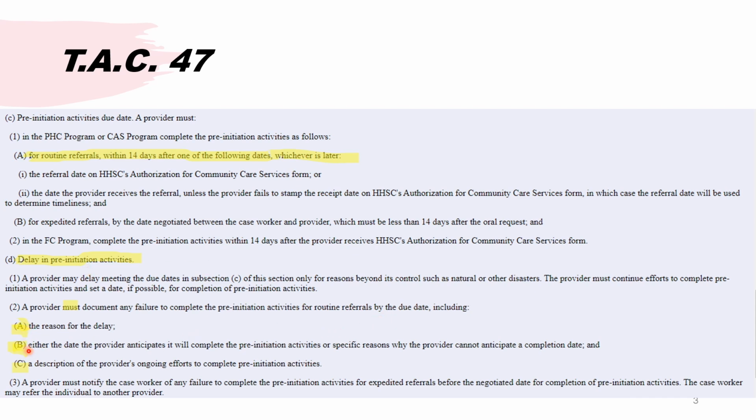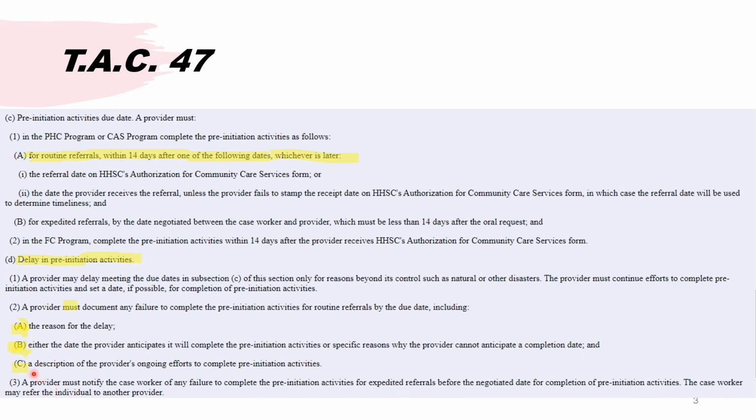And then down here, it tells you what you must include in your documentation to make a valid delay in pre-initiation activities. It tells you the provider must document any failures to complete. The reason for the delay, either the date the provider anticipated will complete the pre-initiation activities or specific reasons why the provider cannot anticipate the completion date.